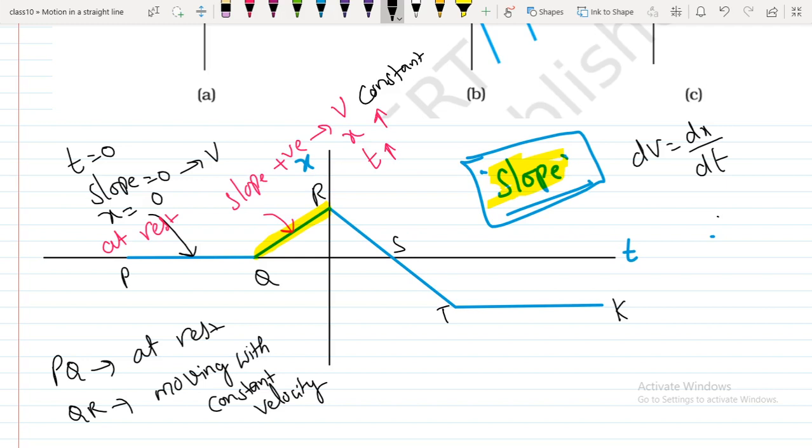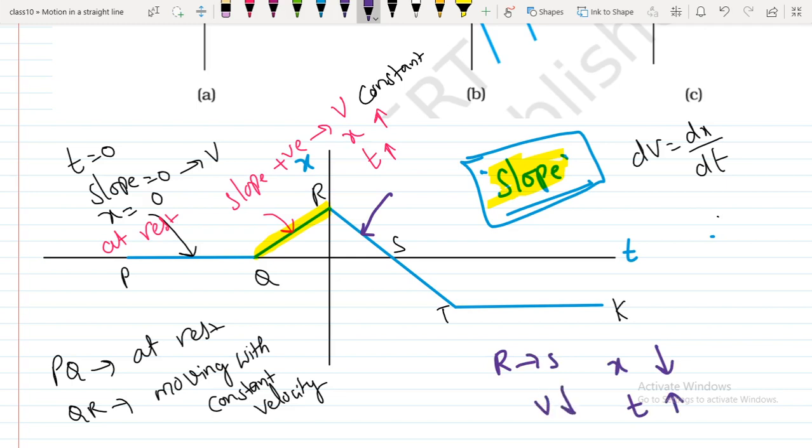Likewise, from R to S, the position of the object is decreasing. In this portion R to S, position is decreasing and time is increasing. When time is increasing and position is decreasing, what happens?